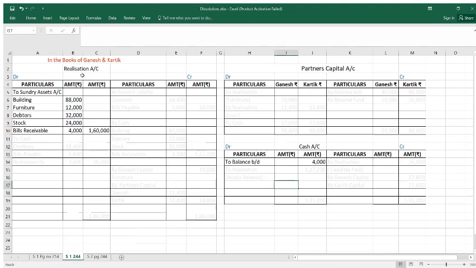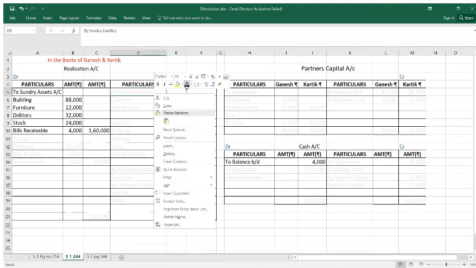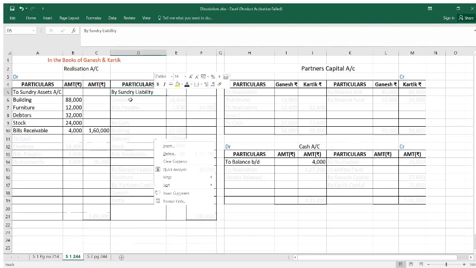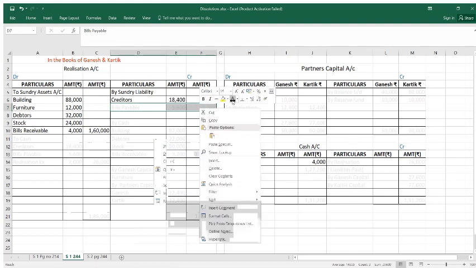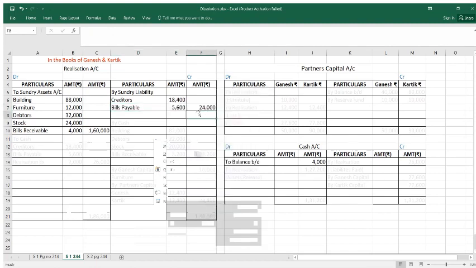So the ledger posting will be: in the credit of realization account we will write, by sundry liabilities. What are the liabilities? Creditors 18,400, bills payable 5,600. So we're going to take the total of that, that is 24,000.